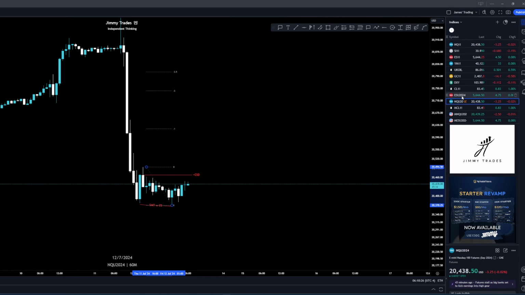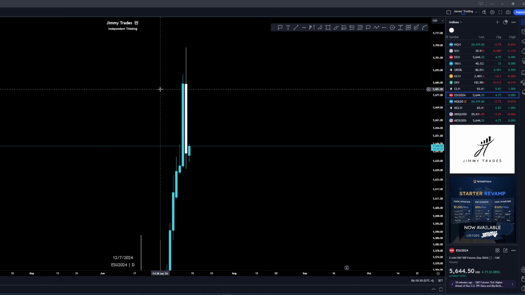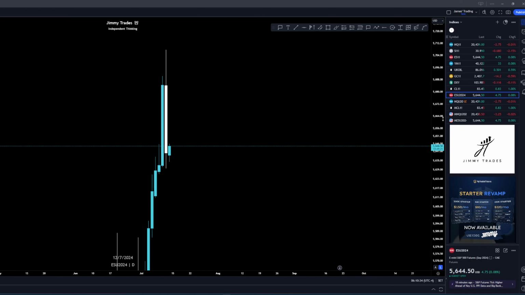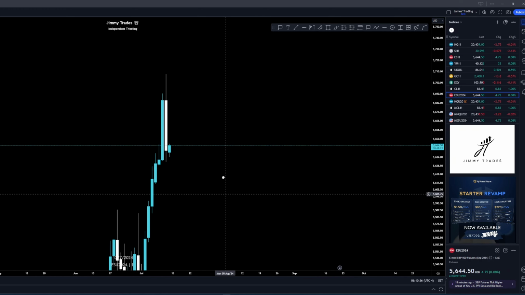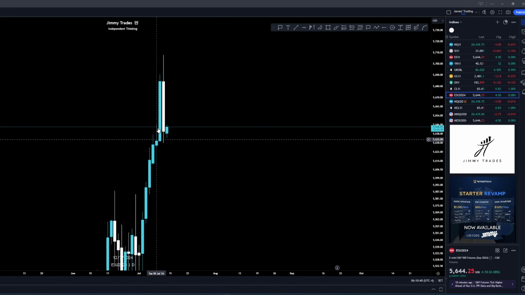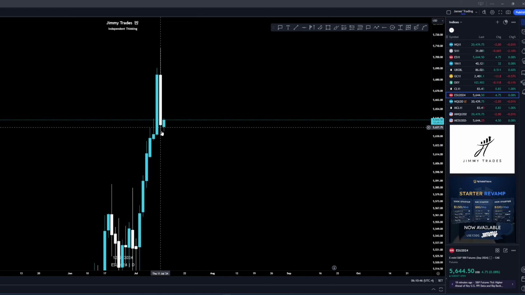Okay, let's jump over to ES. So on the daily, ES had a slightly different structure to NQ. NQ had internal to reach for.